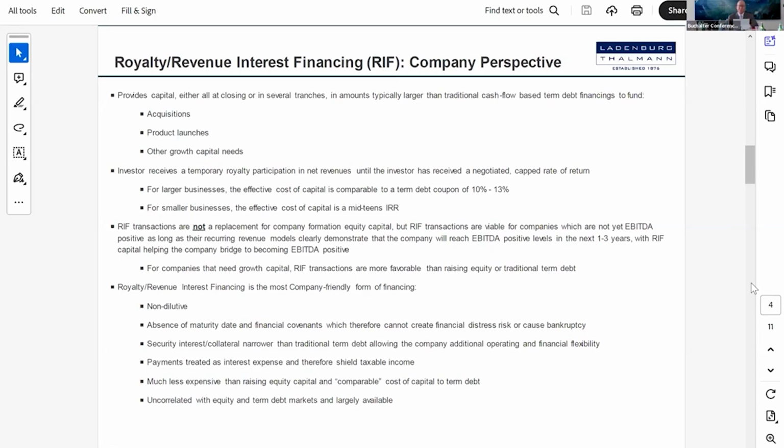However, this form of financing is available for companies that are not necessarily EBITDA positive. It can easily be accessed by companies that are not yet cash flow positive, and in fact, this financing is basically a bridge that frequently helps take companies to become cash flow positive.